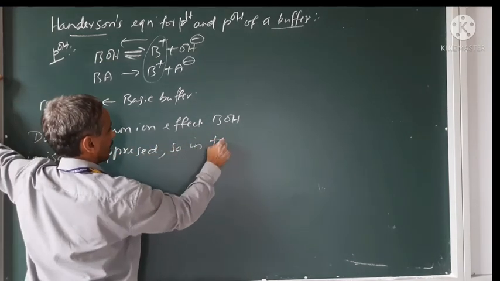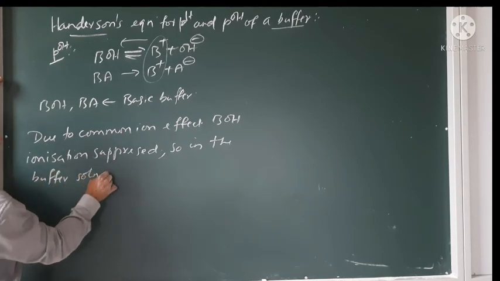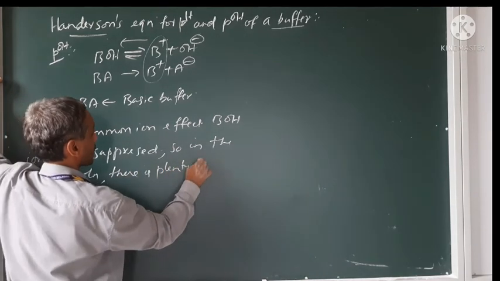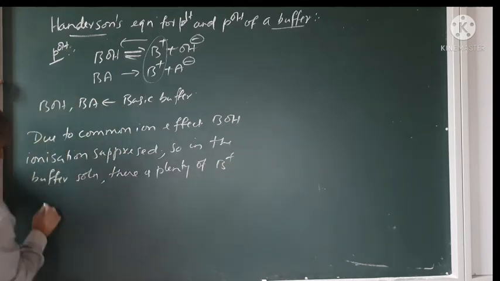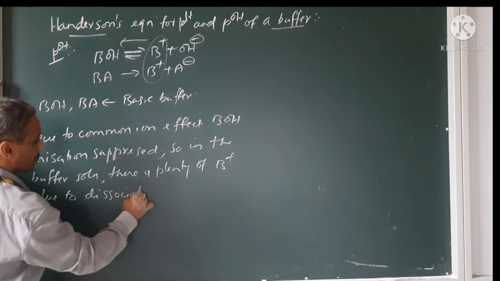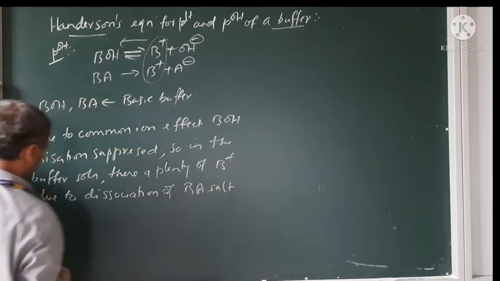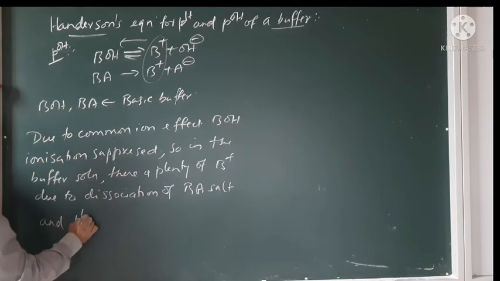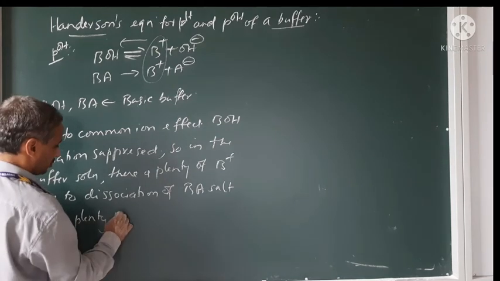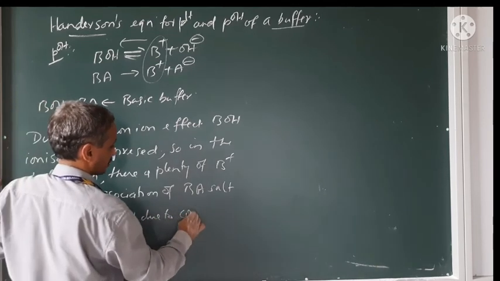So, in the buffer solution, there is plenty of B plus due to dissociation of BA salt and plenty of BOH due to the common ion effect.